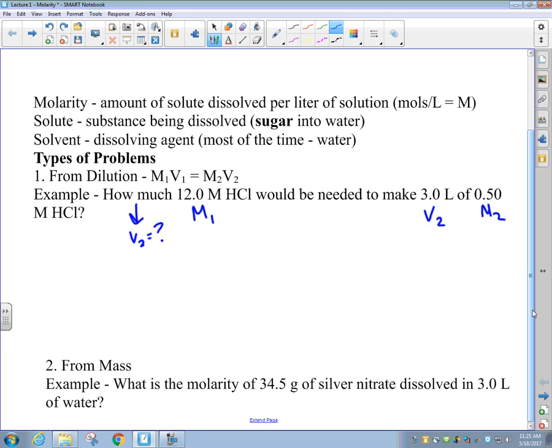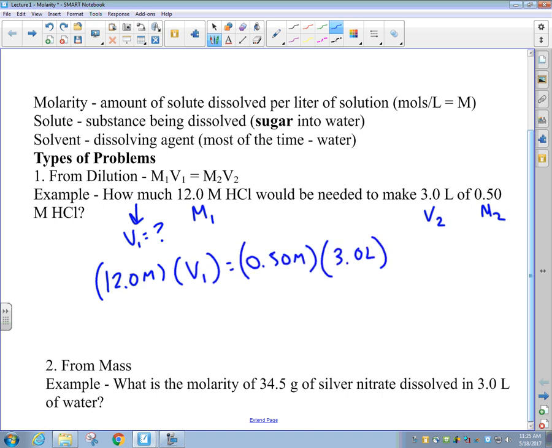We're going to plug these variables into our equation. V1 times 12.0 molar equals 0.50 molar times V2 of 3.0 liters.